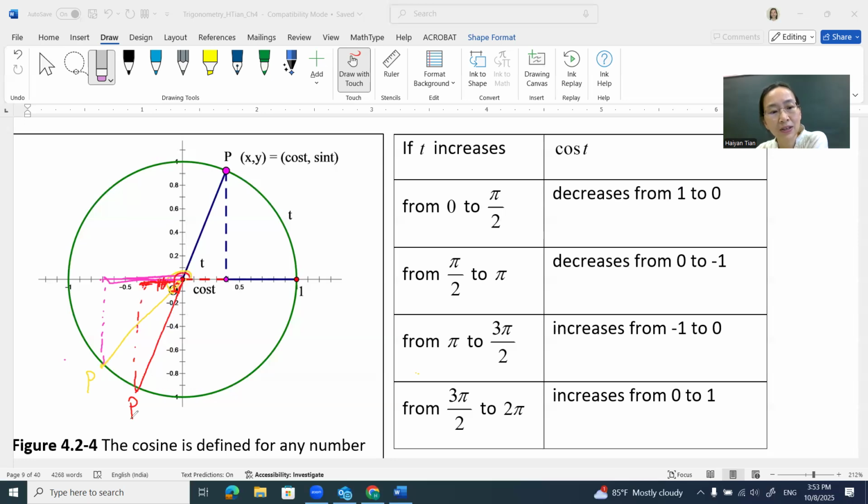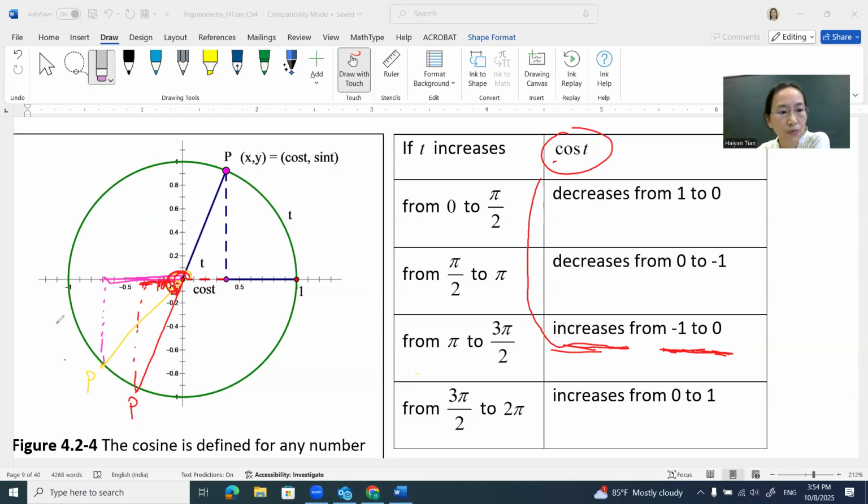Still negative, but for this t, which is increasing, this angle is increasing, so we see less negative. So that means our cosine t is increasing. This cosine t is increasing, although negative, but it's becoming less and less negative until it is zero.